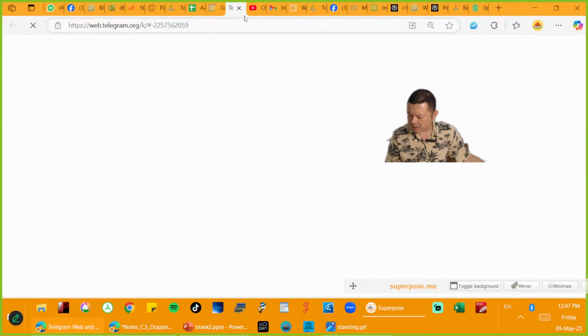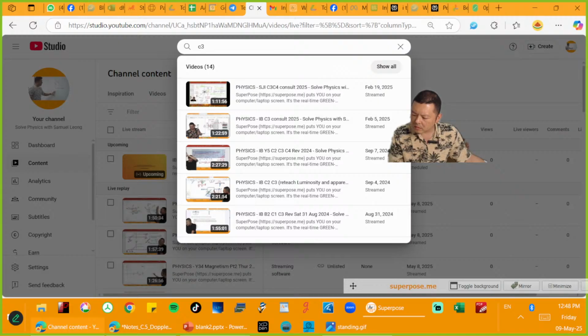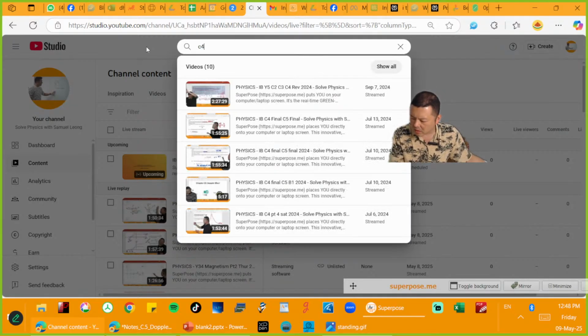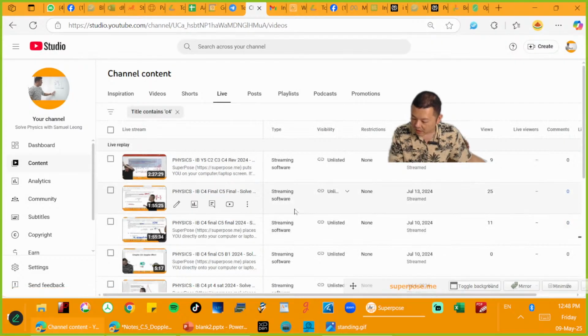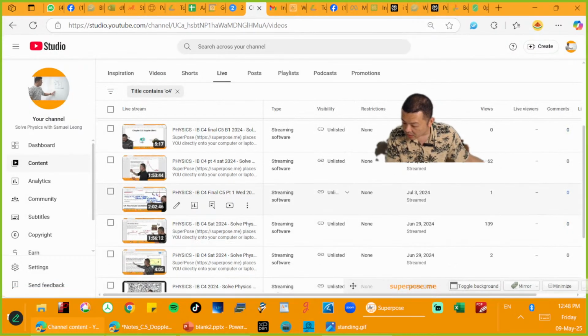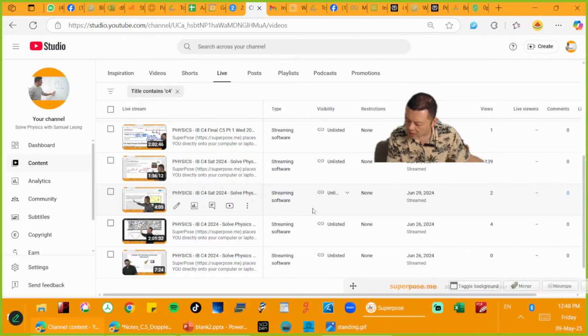Oh, where's my Telegram opening? C3, is it? Oh, C4 and C5. I got a Feb 19. Okay, C4, C5. C4 final, C5. Whoa, C4 is how many parts? What's that C4 part for? That's crazy. Wait, not C4 Saturday lah.